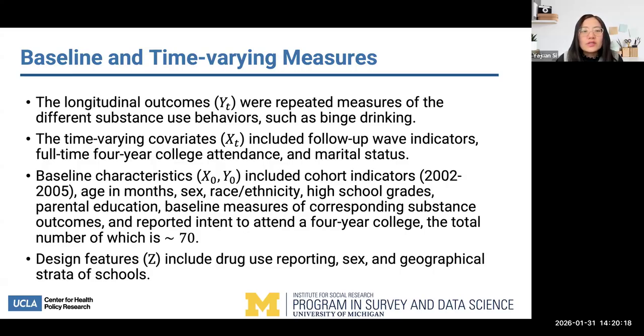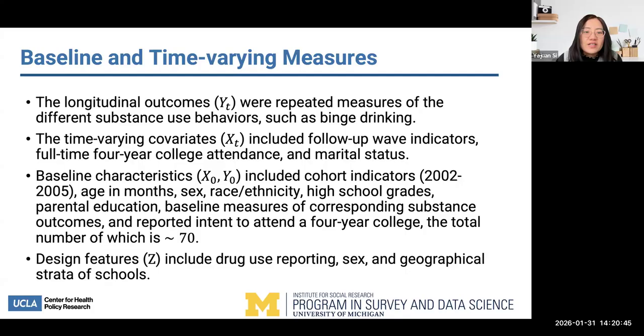In addition to the time varying outcome, we have time varying predictors. Here we include the follow-up wave indicators, which can also be replaced by years, full-time 4-year college attendance status, and marital status. These predictors' values change across waves.